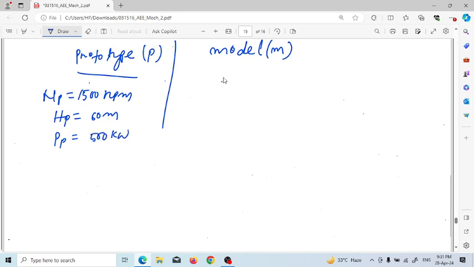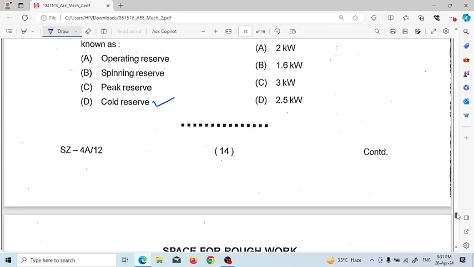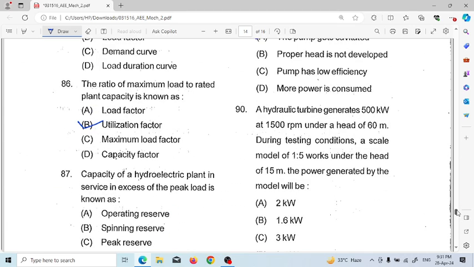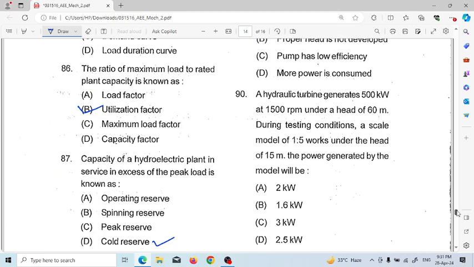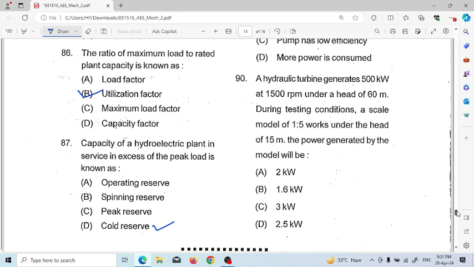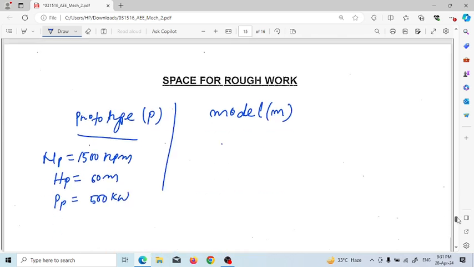And here the scale ratio is 1:5 under the head of 15 meter, that means head of model is 15 meter, and diameter of prototype divided by diameter of model is 5.